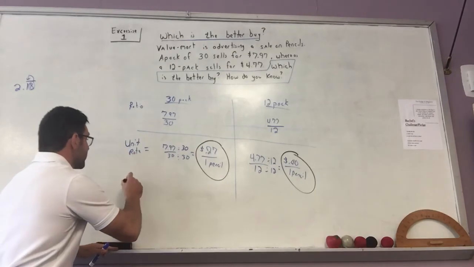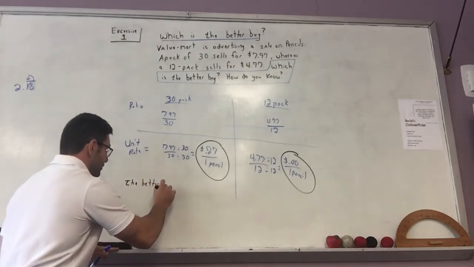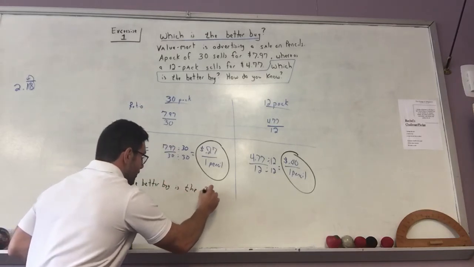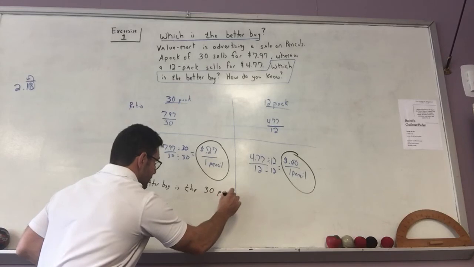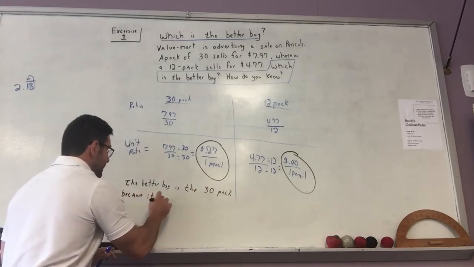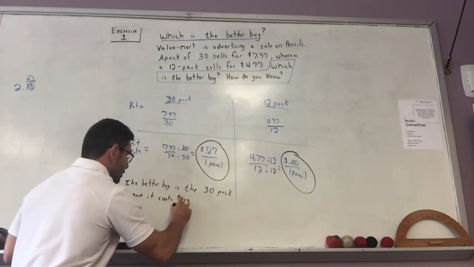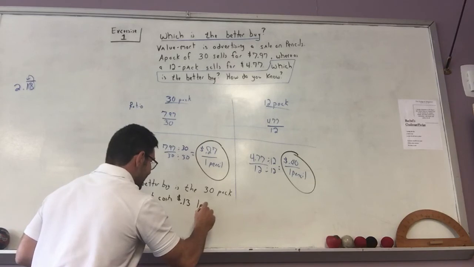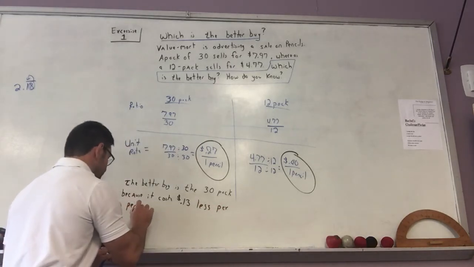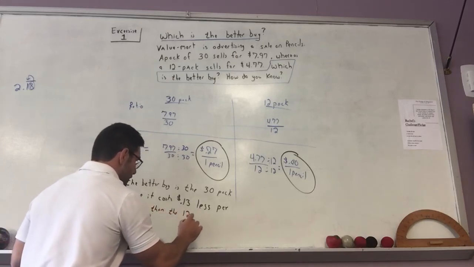So, the better buy is the 30-pack because it costs 13 cents less per pencil than the 12-pack.